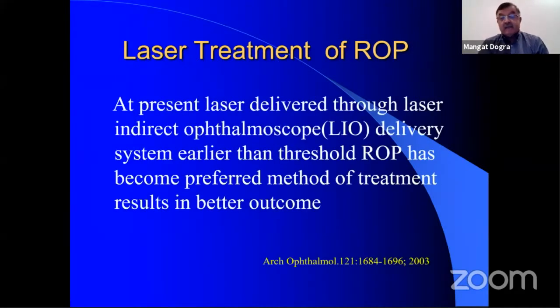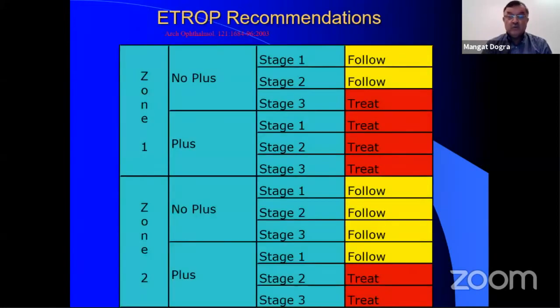And the laser treatment, you see, after the ETROP study we should do laser before the threshold ROP. So we need not know about that threshold, which was in the cryo-ROP era. What we need to know is that if you have a plus disease, you treat everything in both zone 1 and zone 2.